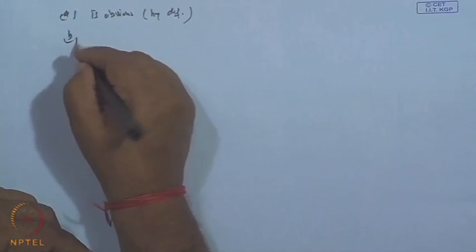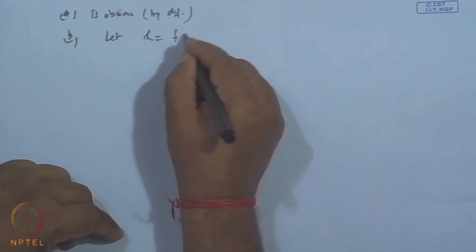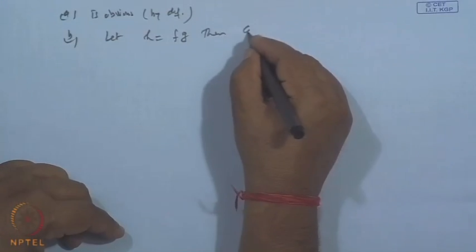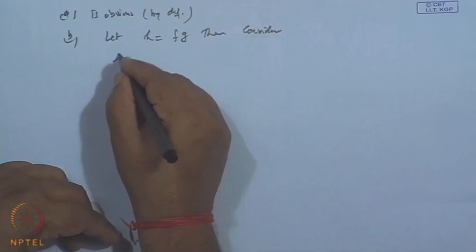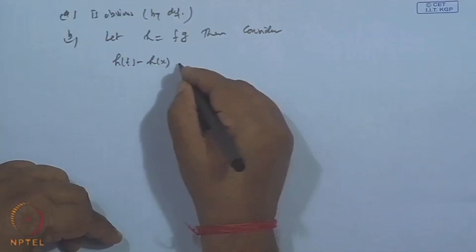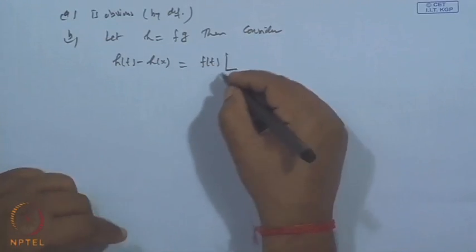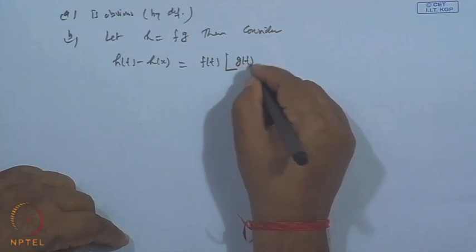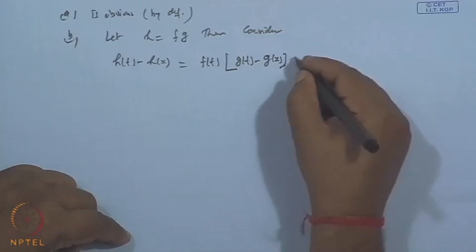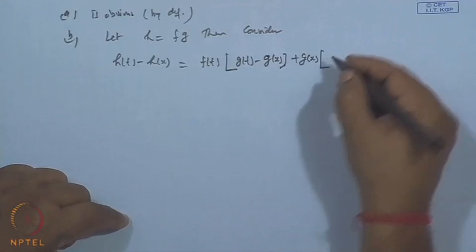For part B, you construct h = fg. Consider the difference h(t) - h(x). Now this can be written as f(t)g(t) - f(x)g(x), and then plus g(x) into (f(t) - f(x)).